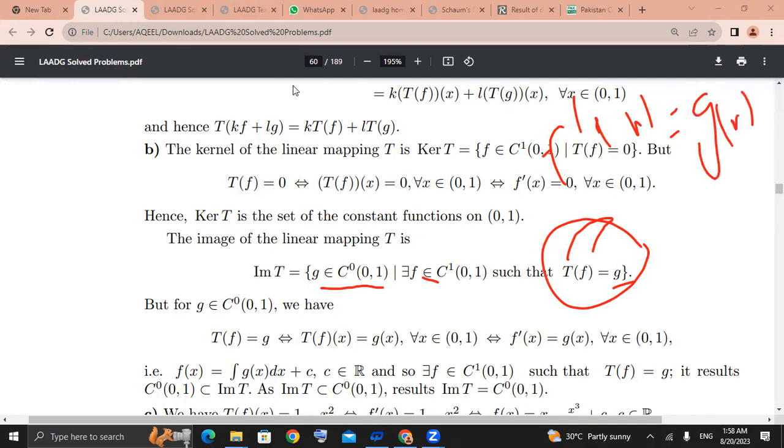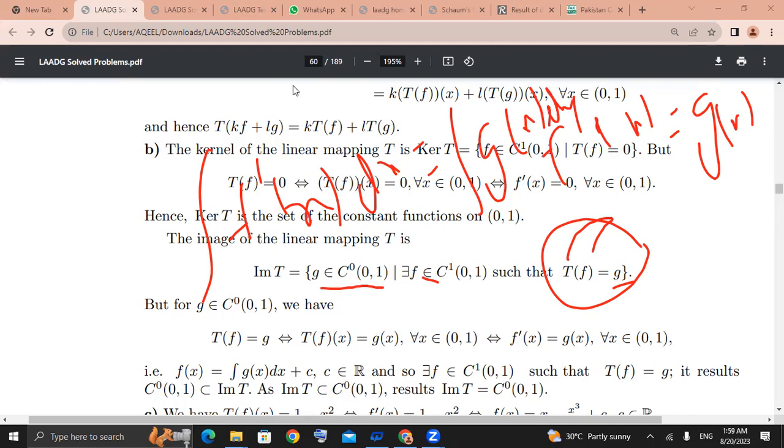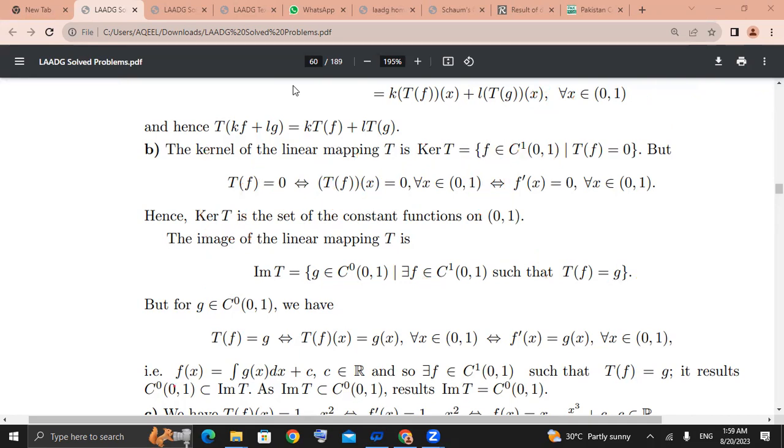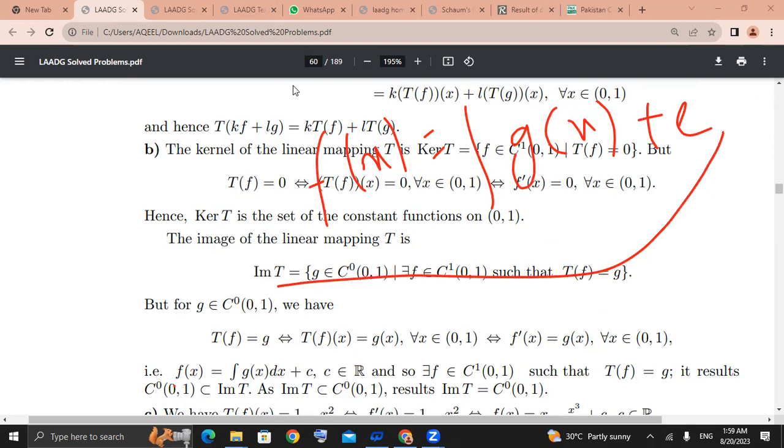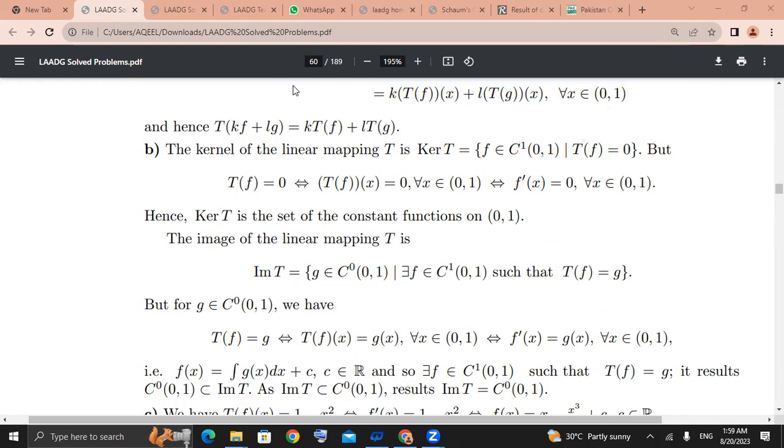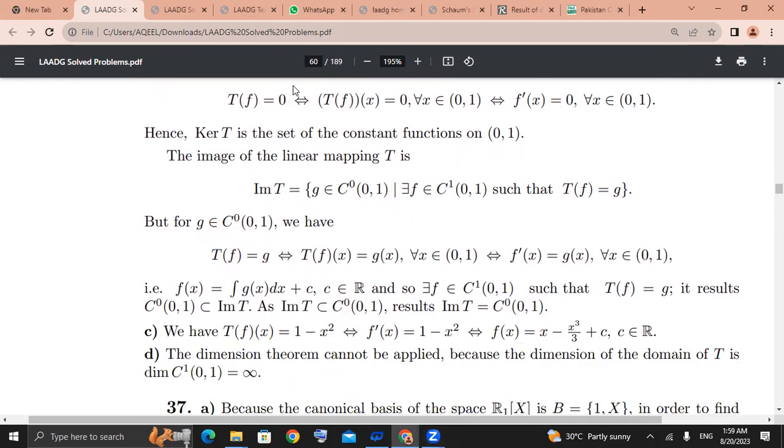We integrate both sides, so f of x equals the integral of g of x dx plus c, where c is the constant of integration. This is our image. So T of f is the function g plus a constant, so the image of T is the space C[0,1].